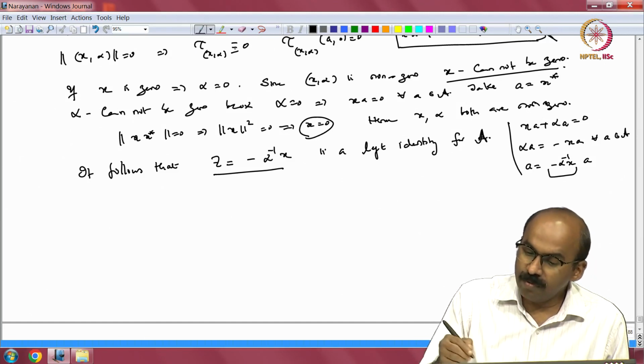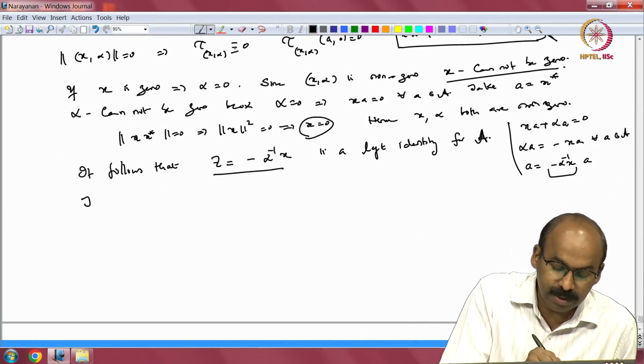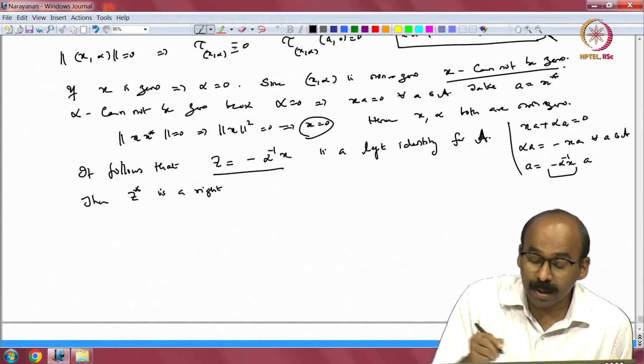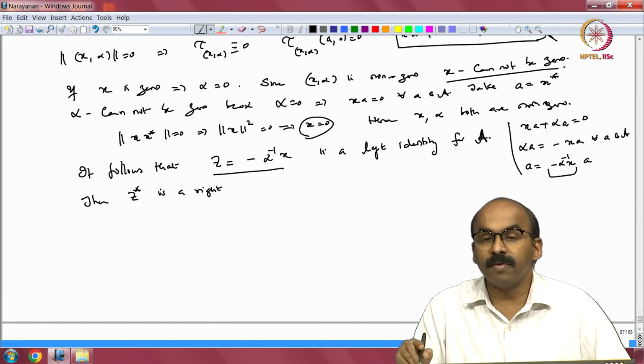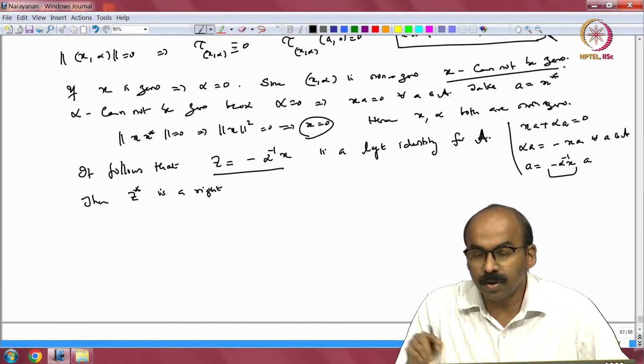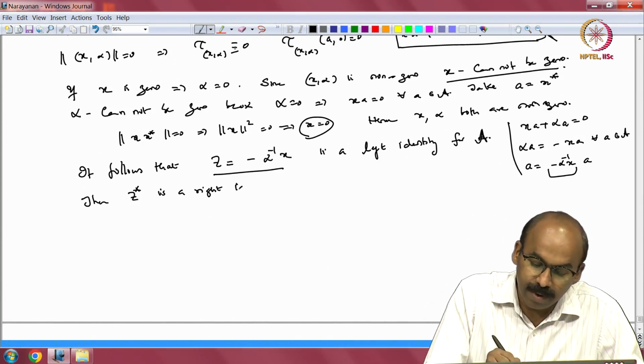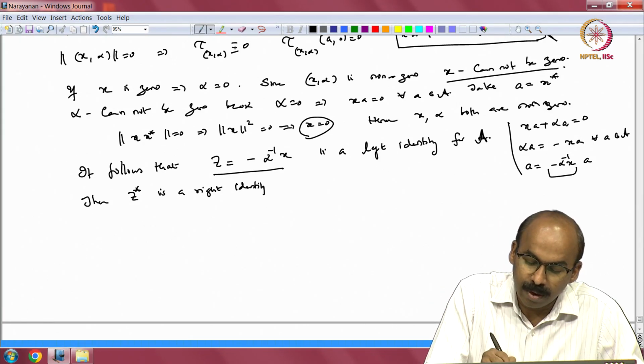Okay. So, once I have a left unit, then z star will be a right unit. So, z star is a right unit, because when I take the star, that is the adjoint, remember we are in A, which is a C star algebra, it will go the other way, and so you get a right identity. Okay.